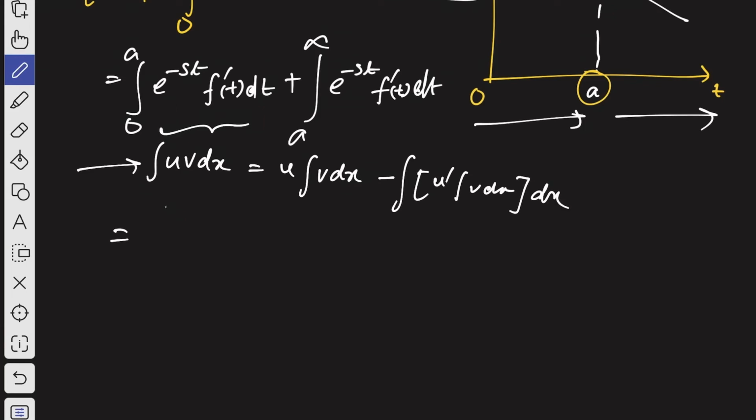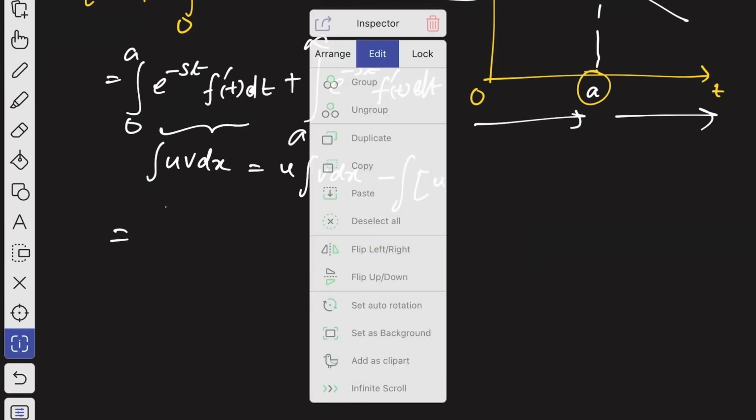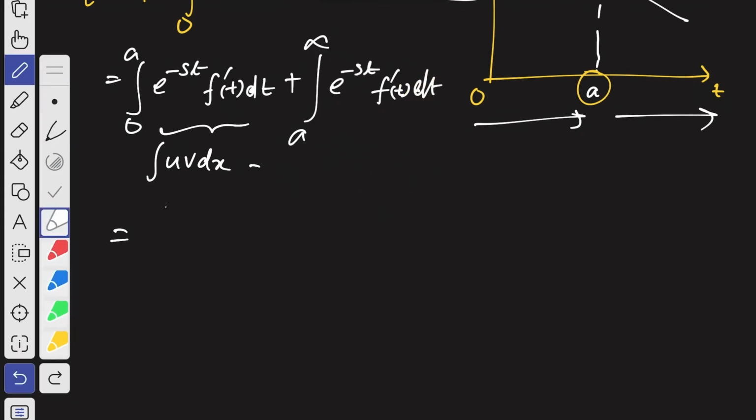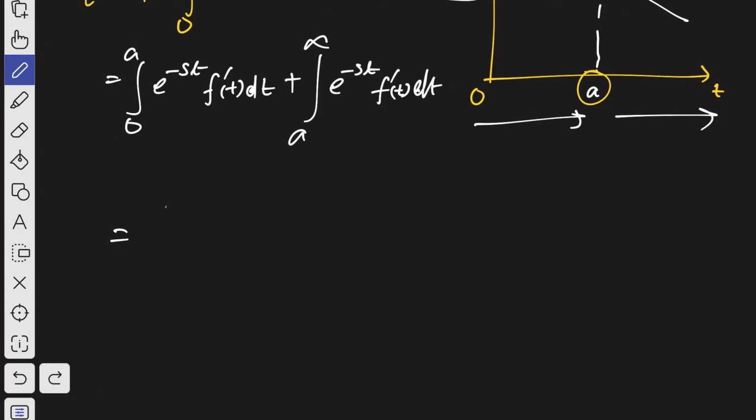So if you apply this product rule of integration, then let me clean this first, then you will get e to the power minus st, integration of f dash of t, that's going to be f of t, right?